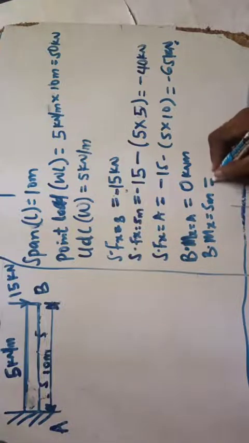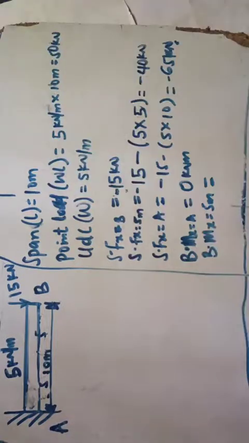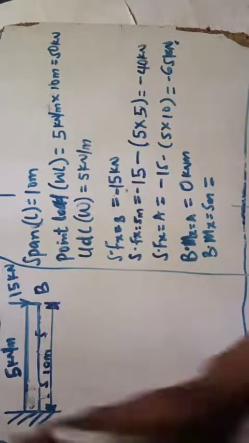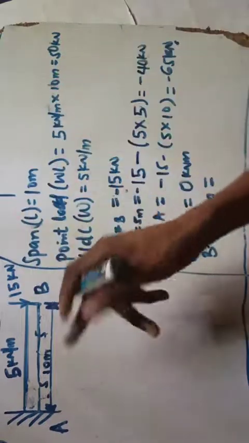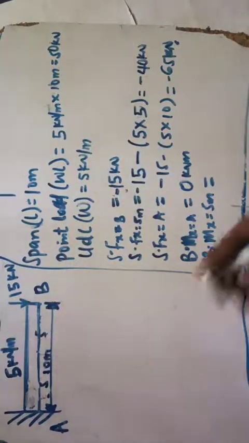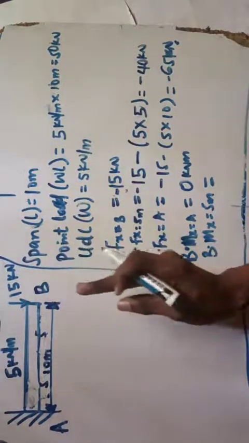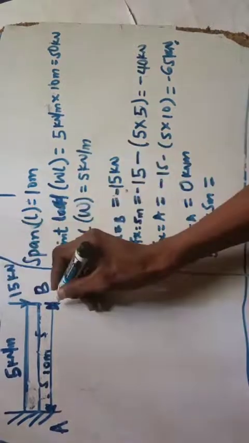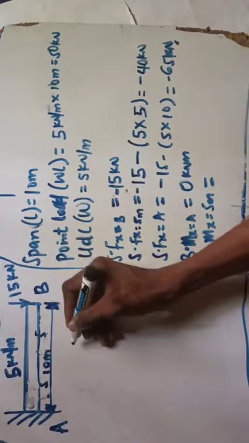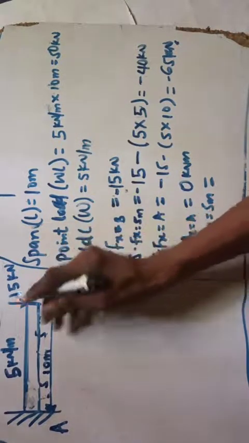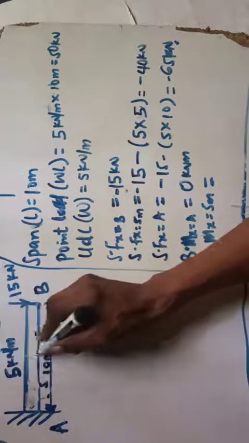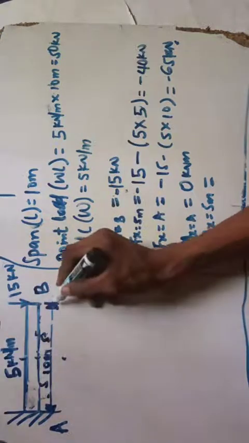When x equals 5 meter, you know it's acting downward. That is anti-clockwise. Clockwise equals anti-clockwise. This is fixed already. This is acting downward, so that will be 15 times the distance. Let's say you want to consider the 5 distance. That will be 15 on its own, acting with the distance, like you're taking your moment to this side, till half of this, that is 5. That'll be 15 times what?